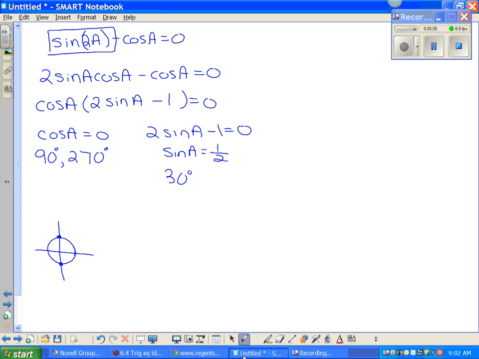Remember, we're talking about a positive 1/2, so you have to think about both quadrants that sine is positive in. 150, great. We got this because it's 180 minus theta, which gives the related angle. So my solutions, we're going to write them in what order? Ascending. 30, 90, 150, 270. And since there's multiple, we put them in curly brackets or braces.